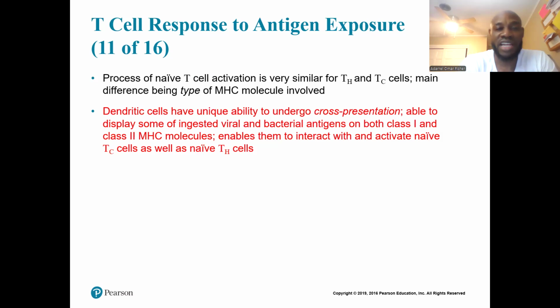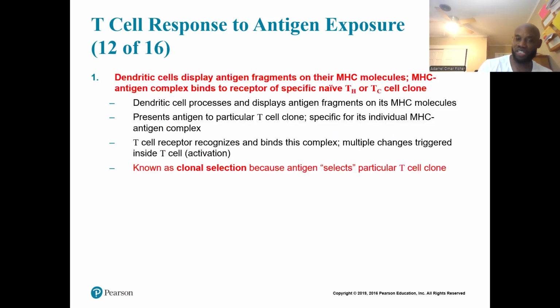The process of naive T cell activation is very similar for helper T or cytotoxic T cells. The main difference is the type of MHC molecule. Dendritic cells have a unique ability to undergo cross-presentation, able to display some of the ingested viral and bacterial antigens on both class 1 and class 2 molecules, which enables them to interact with and activate naive cytotoxic T cells as well as naive helper T cells.